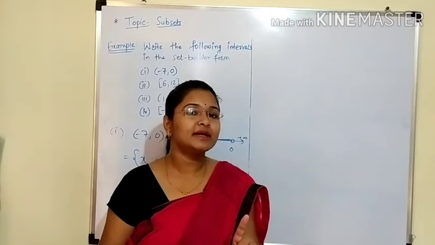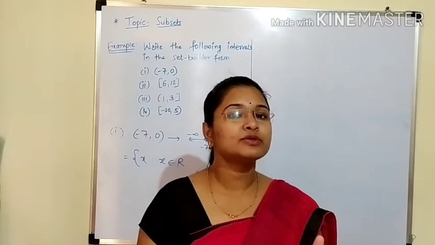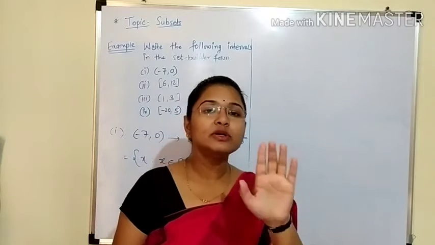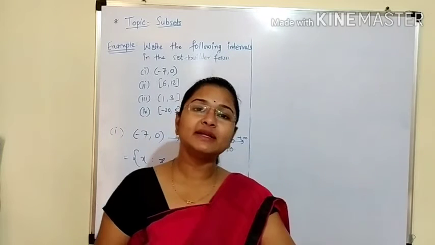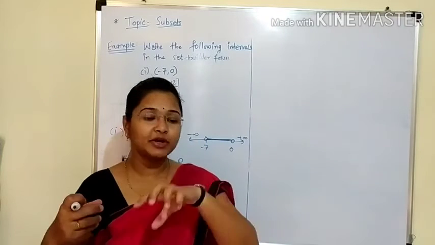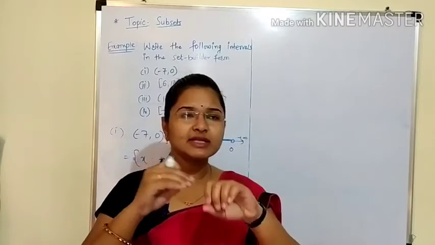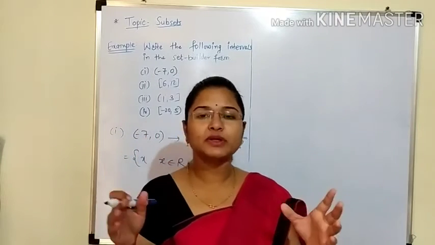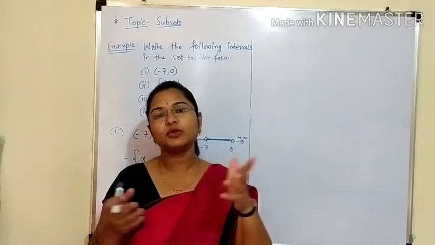Understood? You cannot write that the variable belongs to the set of integers, because if you write integers, it will take only integer points in between the interval. For example, suppose your interval is the closed interval [1, 7].